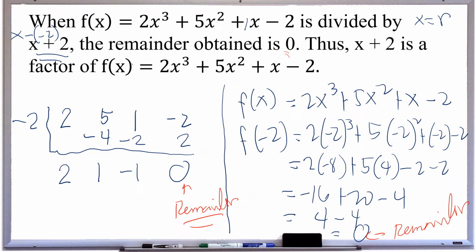If a number is divided by a certain number, or a function is divided by another function, or a binomial, and the remainder is 0, then the binomial is a factor of that polynomial. In this case, x plus 2 is a factor of 2x cubed plus 5x squared plus x minus 2.